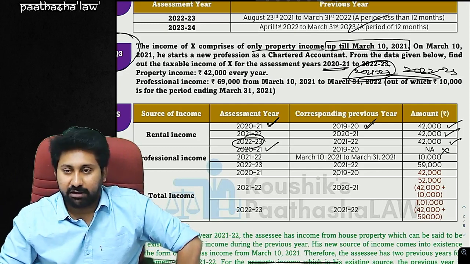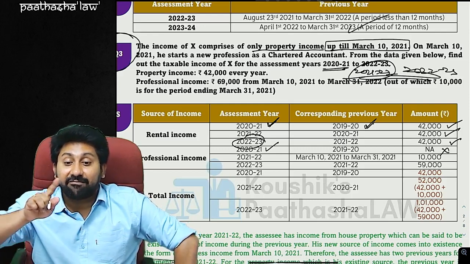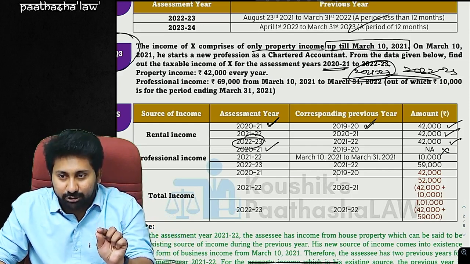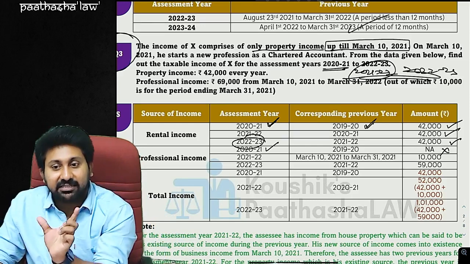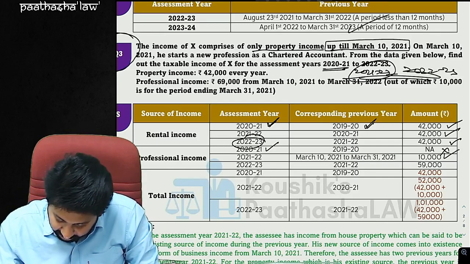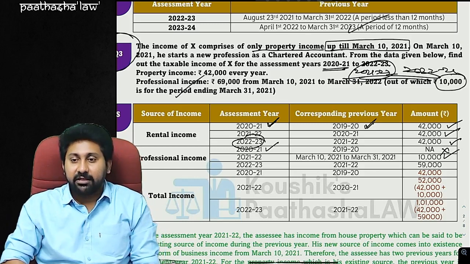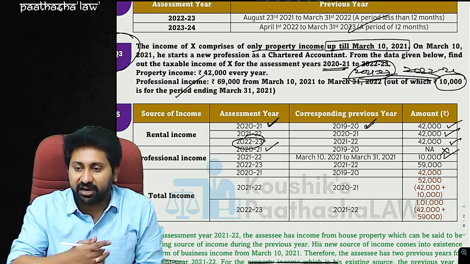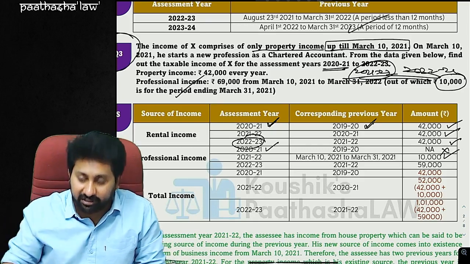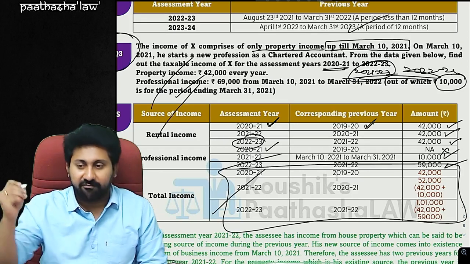For the second assessment year, the previous year 2020-21, only the 10th March to 31st March income, 21 days, should be taken up. That is 10,000, which the question has given: out of which 10,000 is for the period ending 31st March 2021. And third is the normal professional income, 69,000 minus 10,000, 59,000. We added all these things. This is how the income will be assessed.